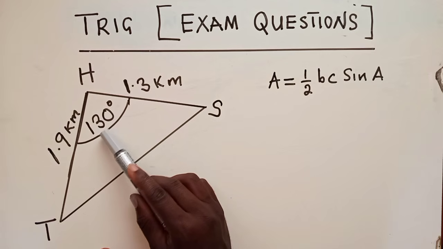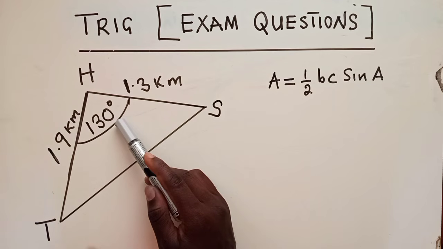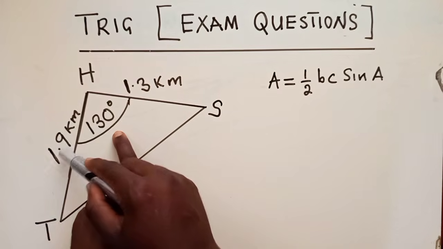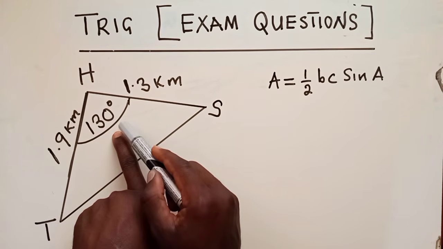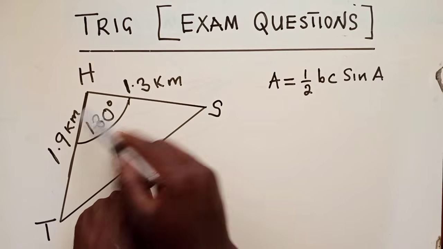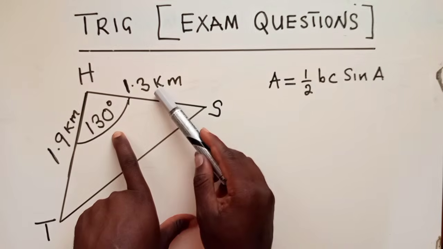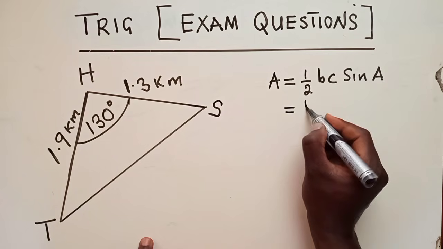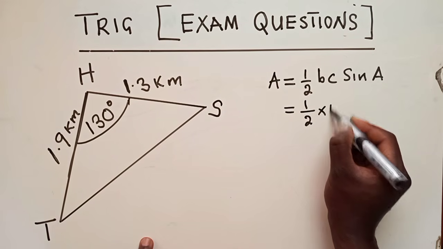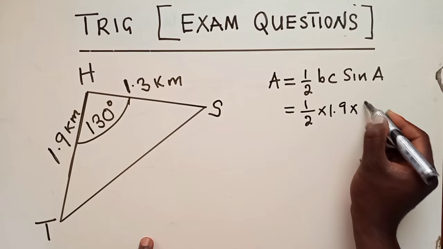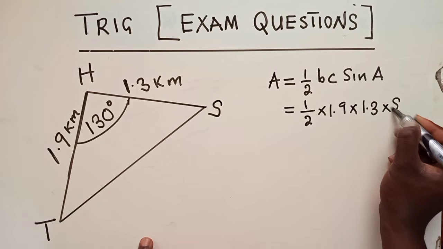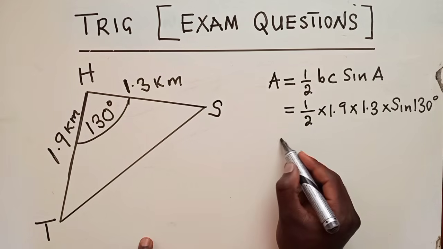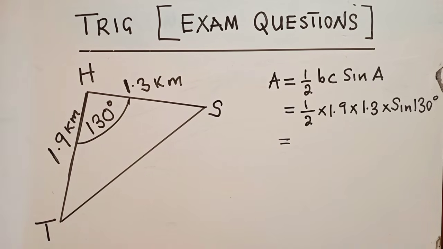So in this case, 130 is included. So how do we know that it's included? It's right here, and we've got this side and the side right here. So this angle is included. So these sides, we can treat this as our B and the other one as our C. It's fine. So just plug in the values. We have 1 over 2 times 1.9 times 1.3 times sine 130 degrees. We can punch on our calculator.